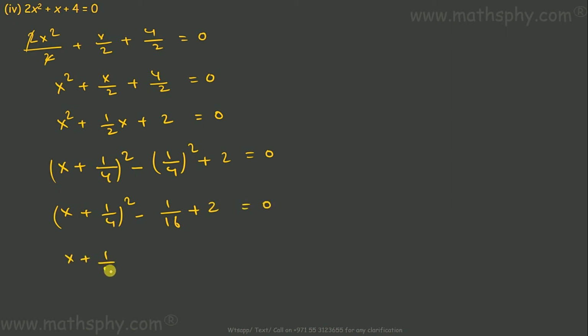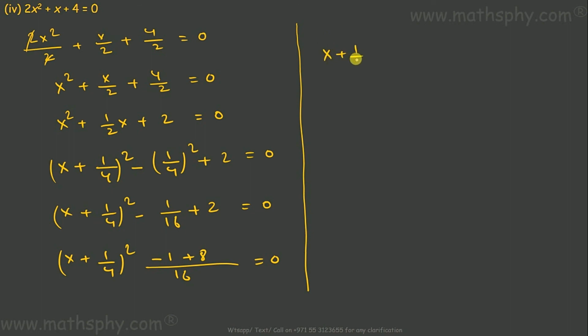X plus 1 over 4 whole square minus 1 plus 8 equals 0. So this will be x plus 1 over 4 whole square plus 7 over 16 equals 0.